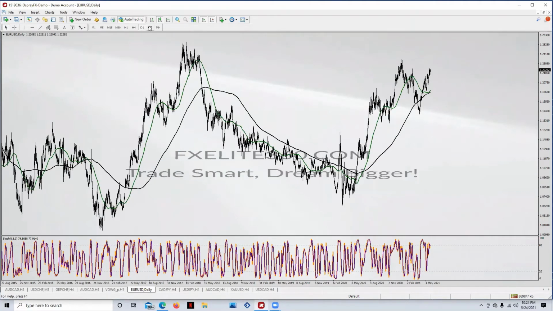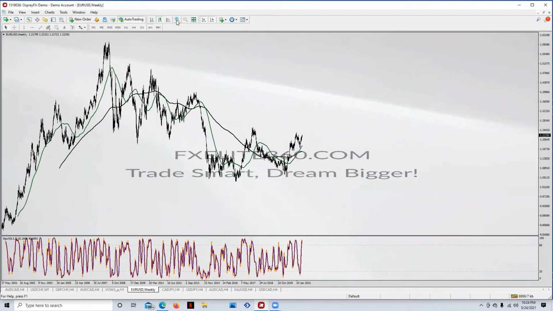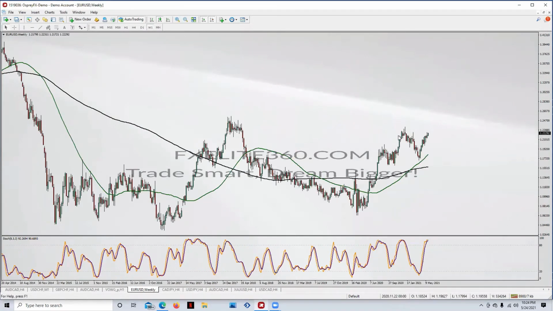Now again, hypothetically speaking, this is just hypothetical. Let's say we break this level right here. Price breaks, we come back to retest it, and then it does this.